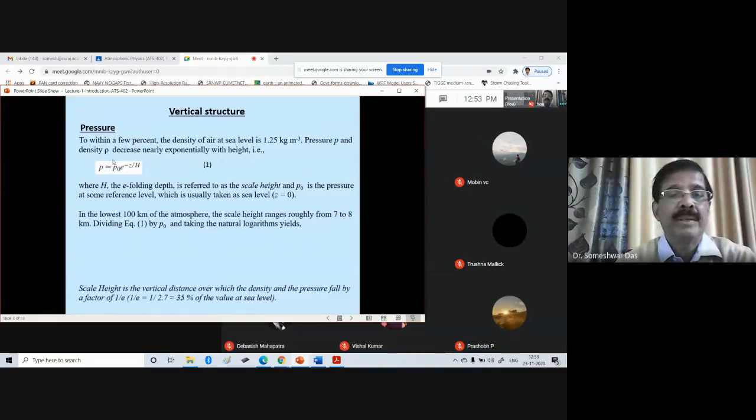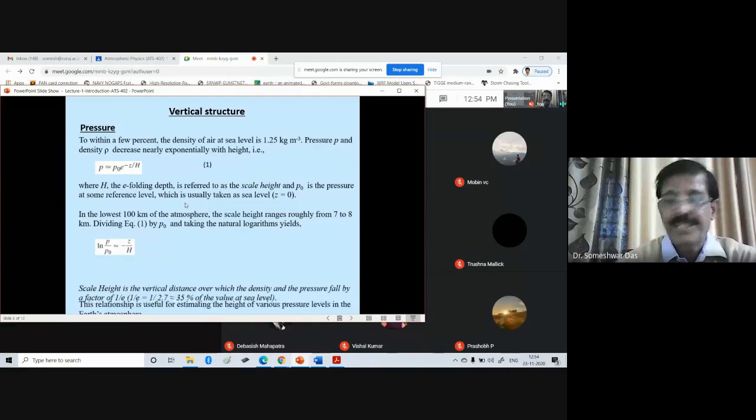Now if we divide this equation by P naught and take the natural logarithm, then we get log of P by P naught is approximately equal to minus z divided by h. What we did was divide this equation by P naught and take the natural logarithm, and we obtained this relation, log of P by P naught equal to minus z by h.